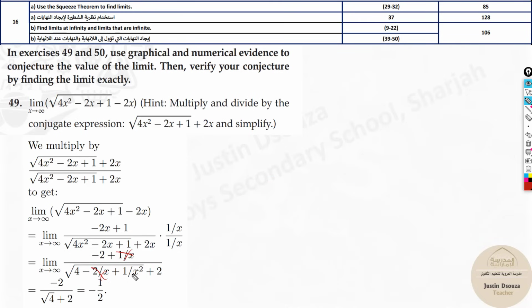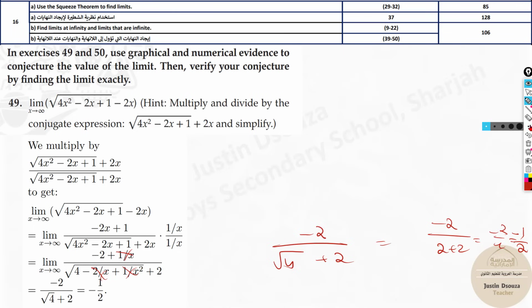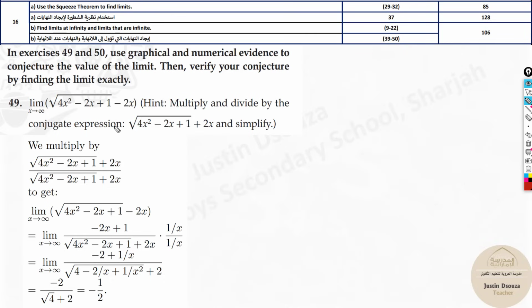All this becomes 0, 0, 0, whatever is divided by x. The remaining terms are minus 2, square root of 4, all the others are 0, plus 2. So it will be minus 2 divided by 2 plus 2, that is minus 2 by 4, or negative half. So that's the answer. This is very simple.